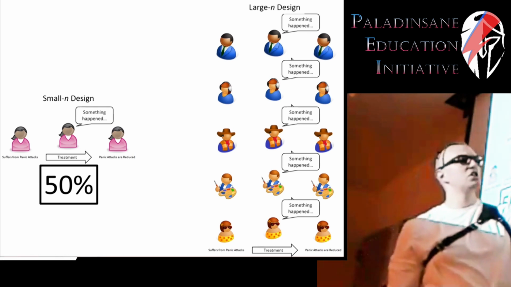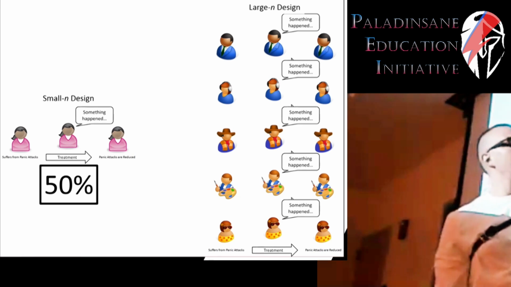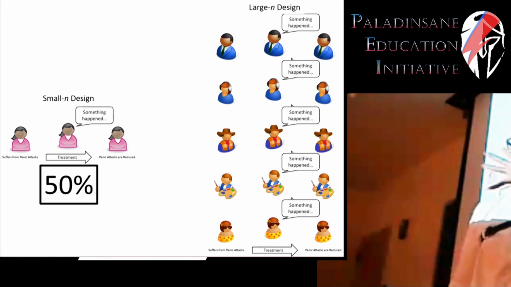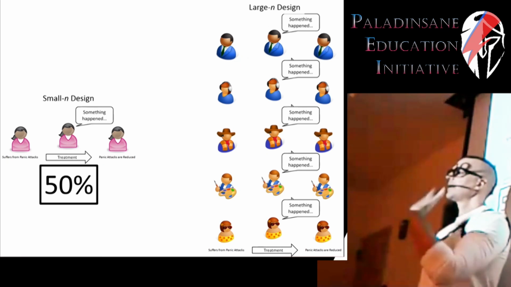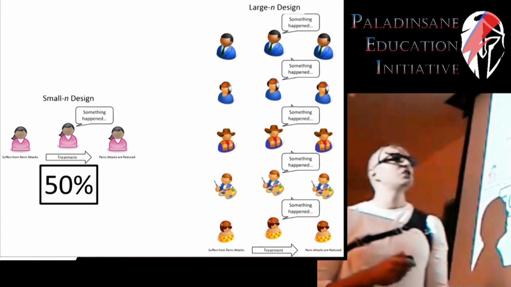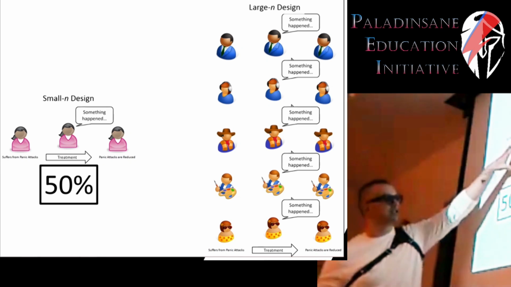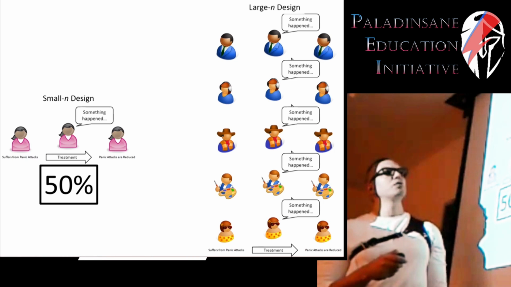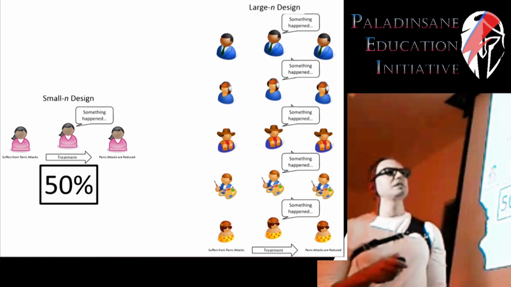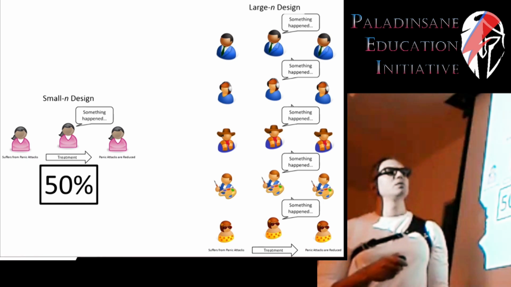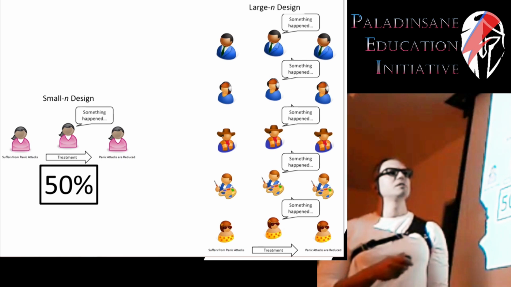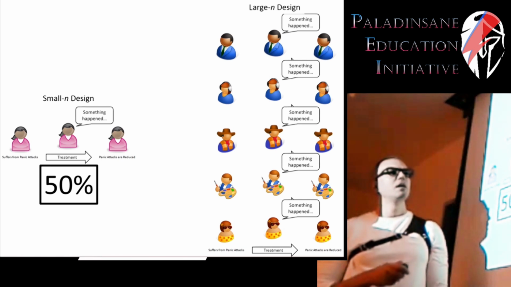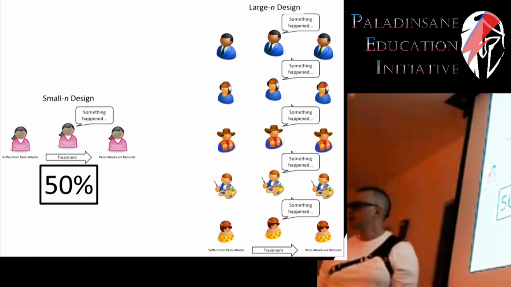Now, in each case, you have a 50% chance that something else happened. In each case, you have a 50% chance, just like you did here, that something else coincided with the beginning of treatment and caused this person's panic attacks to go down.